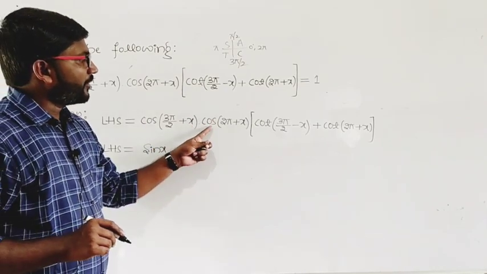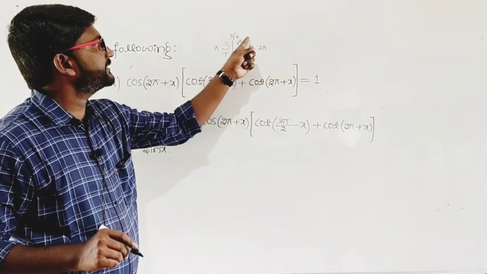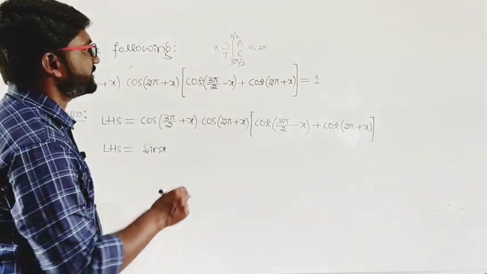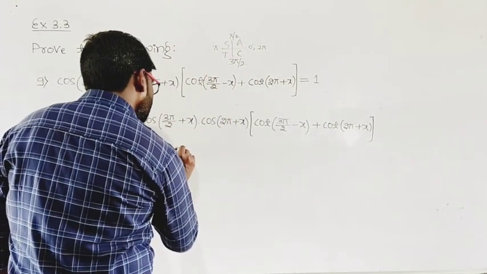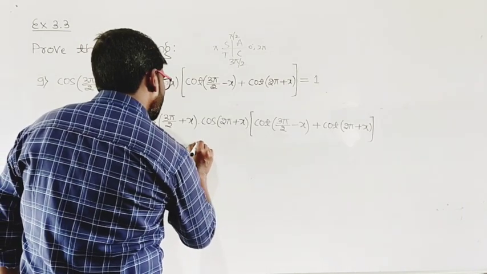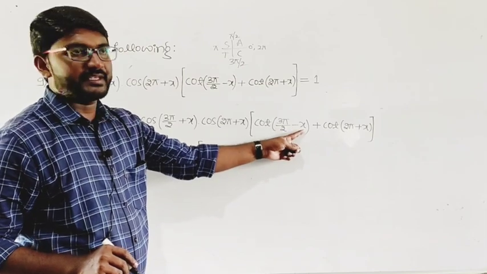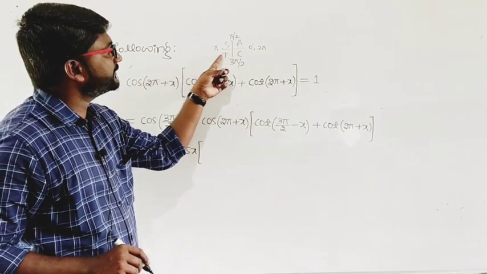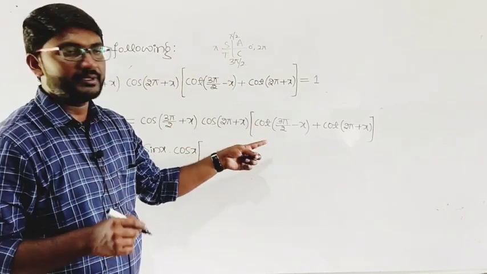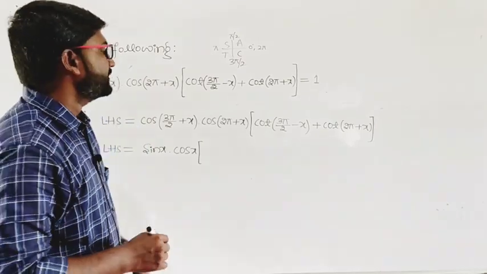Now cos(2π + x): 2π + x means it is the first quadrant. In the first quadrant, all the trigonometric ratios are positive. So it is cos x. Now in the square bracket, cot(3π/2 − x). 3π/2 − x means it is the third quadrant. In the third quadrant, cot is positive. Since we have 3π/2, cot must change to tan.